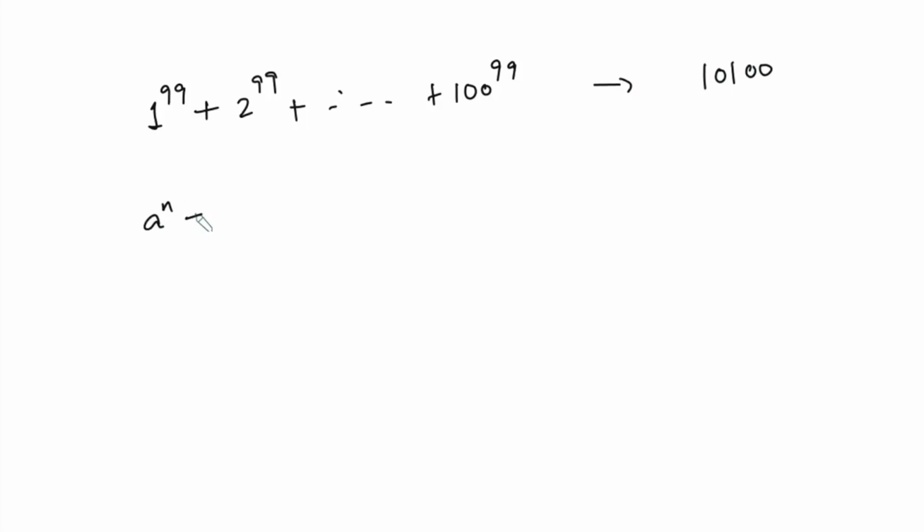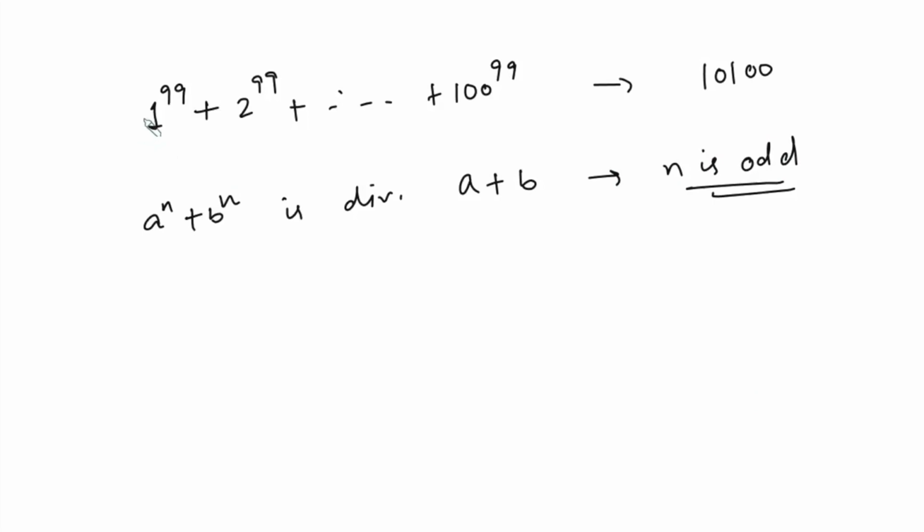Now moving on to the second part of proving 1 raised to the power 99 plus 2 raised to the power 99, so on up to 100 raised to the power 99 is divisible by 10100. Here we can use the fact that a raised to the power n plus b raised to the power n is divisible by a plus b if n is odd.